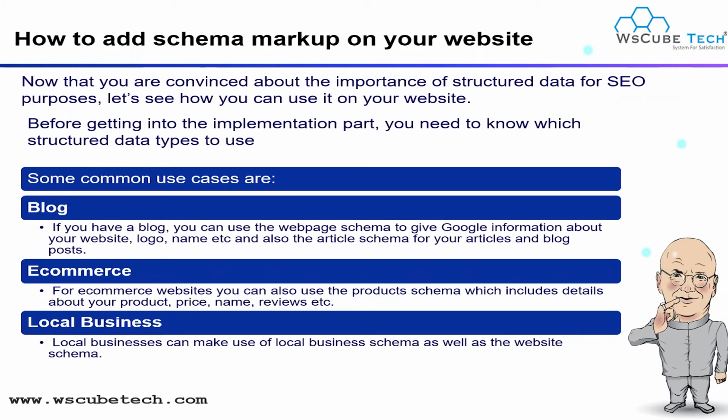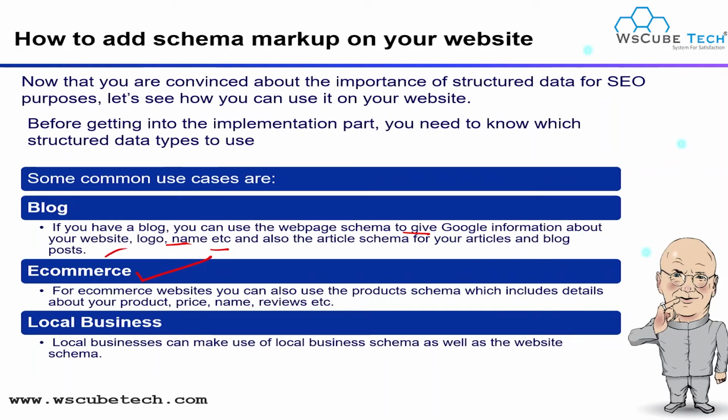Before getting into the implementation part, you need to know which structured data you have to use. These are the common cases available. First, for your blog: if you have a blog, then you can use the website schema to give Google information about your website, logo, name, etc., and also the article schema for your articles and blog posts.